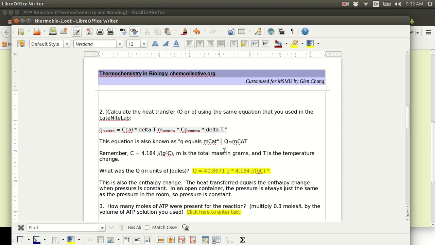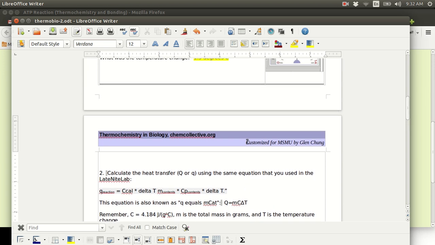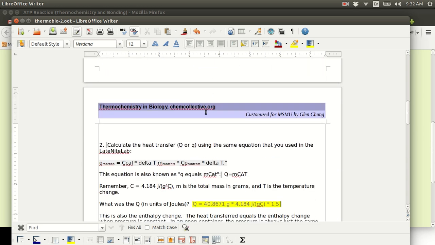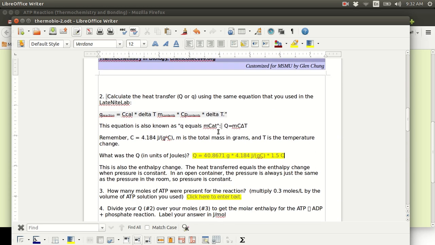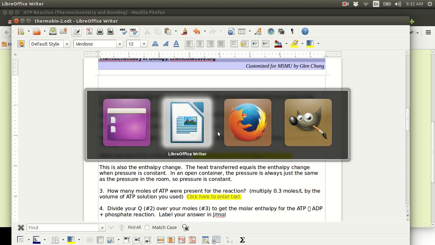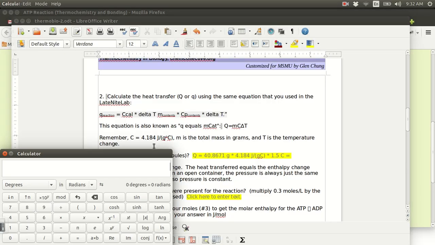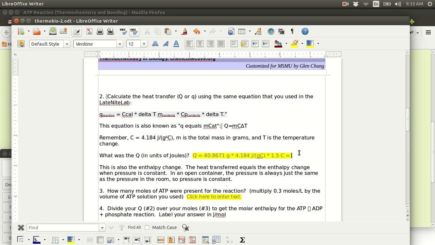And the delta T was the change in temperature, which for me was 1.5 degrees Celsius. On my calculator, that is 40.8671 times 4.184 times 1.5. It's just times, times, times all the way through. The answer is 256 joules, right?